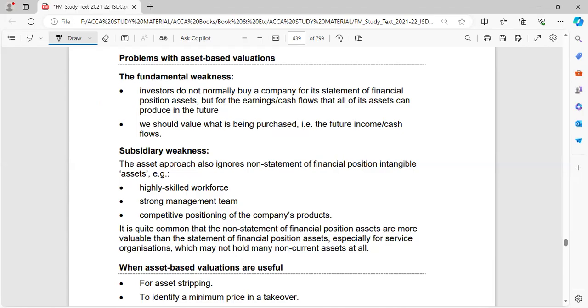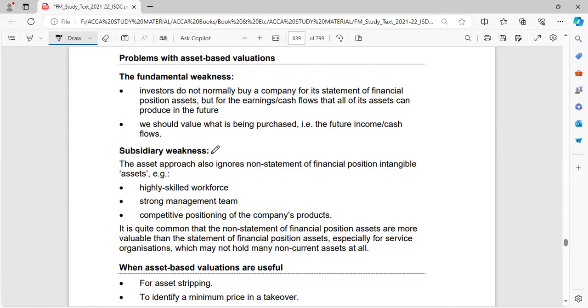People buy a company on the basis of what? People buy a company on the basis of earnings. People buy a company on the basis of cash flows. They determine the value of the company on the basis of profitability and cash flows which were generated in the past, which we are expecting in the future as well.